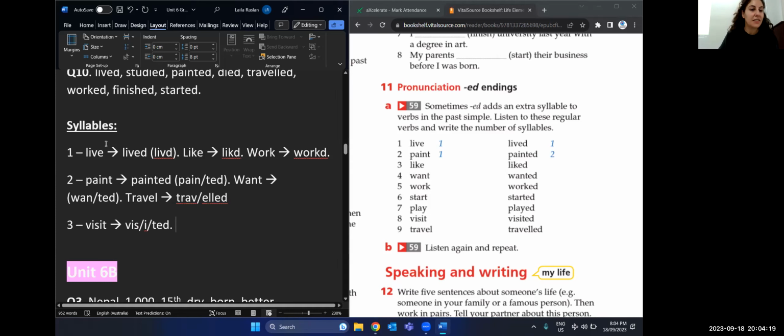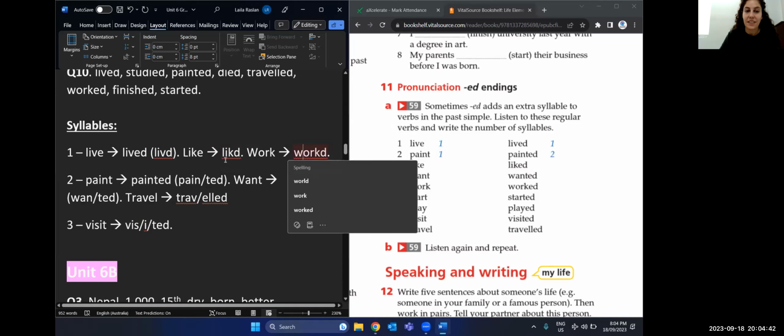So what are the rules? If it ends in an E and you add a D, then it's usually one sound. So you don't say livid. I heard someone say livid before. That's two sounds. That's not how you pronounce it, because the E is silent. Lived. Liked. Worked. So the E is silent. You cannot say live-ed.